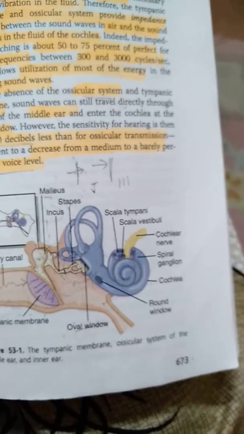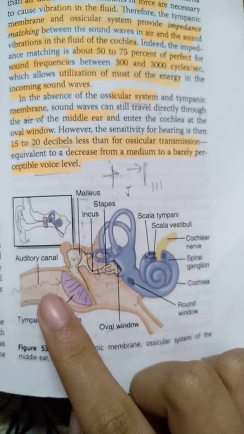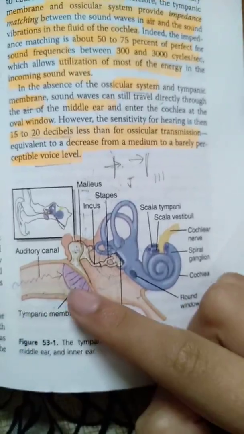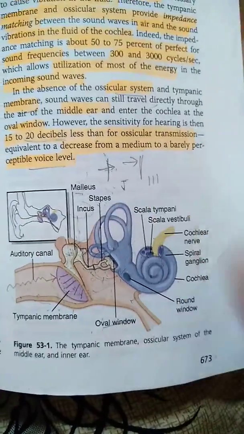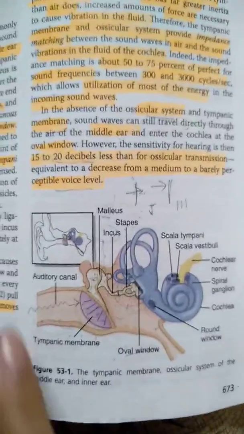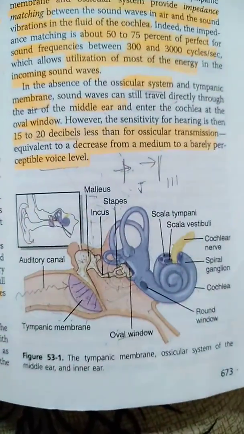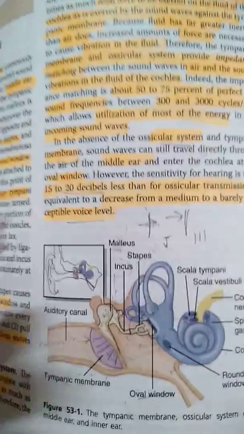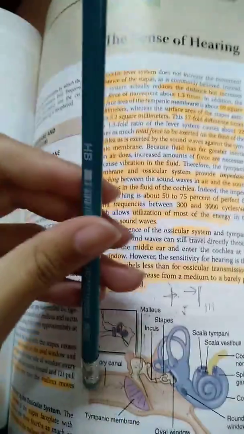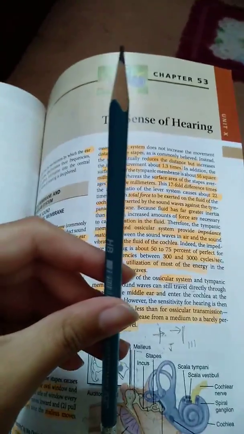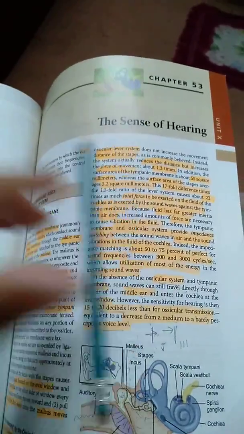Now the function of these two muscles is that they help in decreasing the elasticity of the tympanic membrane, making it more rigid and tough. For example, if there were no muscles present here, there would be no force or strength. Like if this is a pencil, and my hand is a muscle, if my hand is not holding it, it will drop.